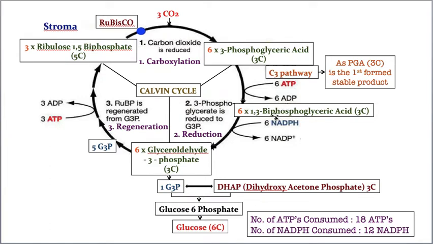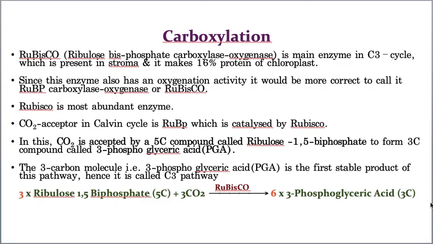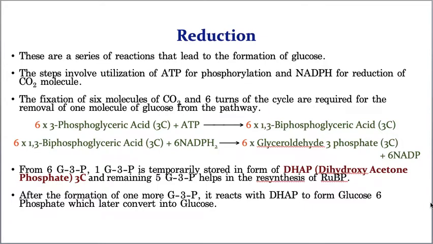And these 6 1,3-bisphosphoglyceric acid molecules, each having 3 carbons, by utilizing 6 NADPHs, produce 6 glyceraldehyde 3-phosphates. Now you understood. So this is all about the reduction. Now I will explain in theory format. Let us take reduction. What happens in reduction?